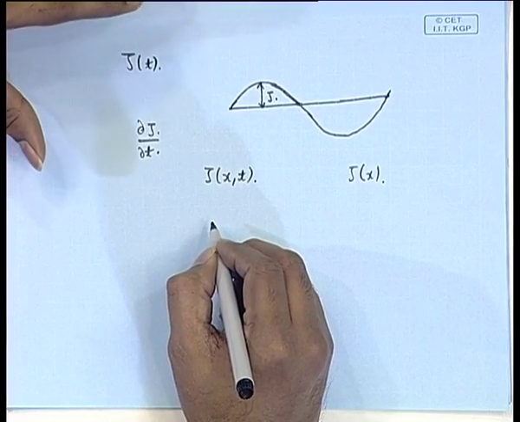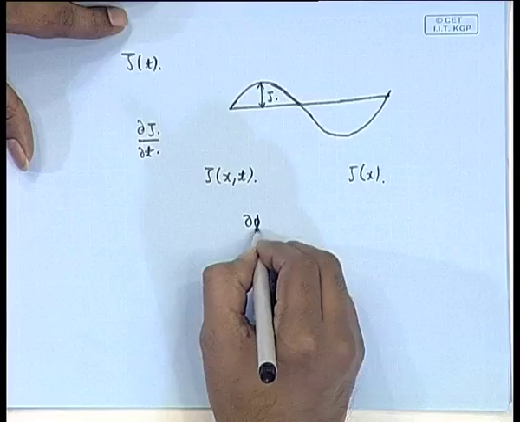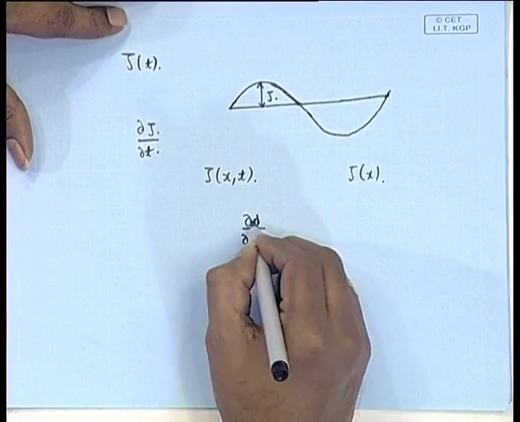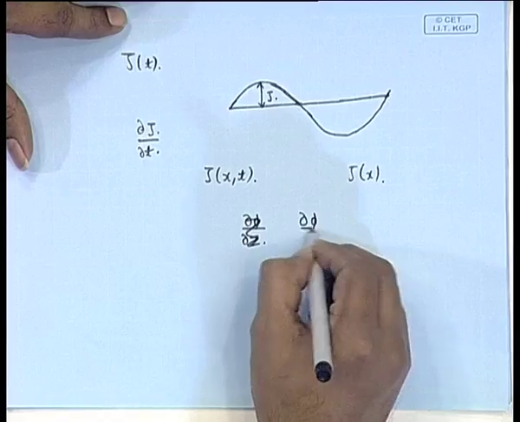Now, what can you say about the particle that is residing inside that curve? You will see that a particle will be moving up and down with the curve. A wave is made up of these particles only. So, when this wave goes up and down, the particle also goes up and down, and what is the velocity of the fluid particle? The vertical velocity of the fluid particle is dou phi by dou z. Okay.